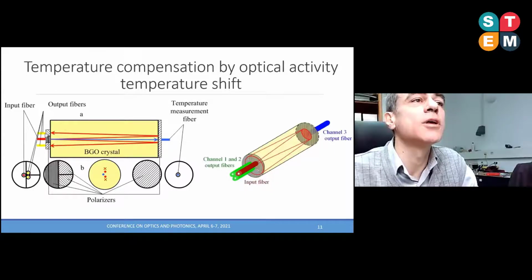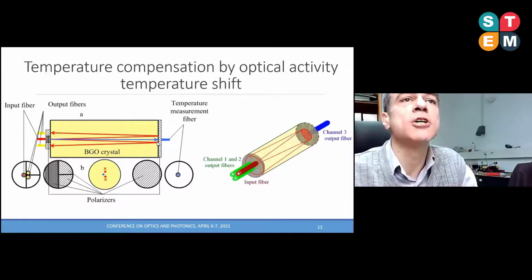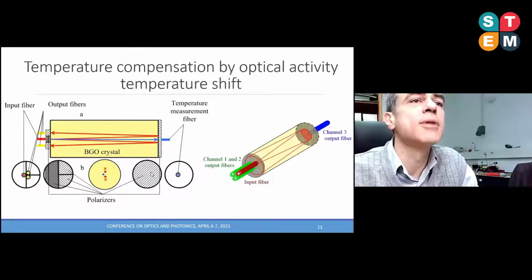And we can use these 2 channels to perform delta over sigma normalization, and we use this transmission channel to measure optical activity. Appropriate polarization states are made by thin polarizing films, so this measurement head can be very small, actually the dimensions of the Faraday crystal.